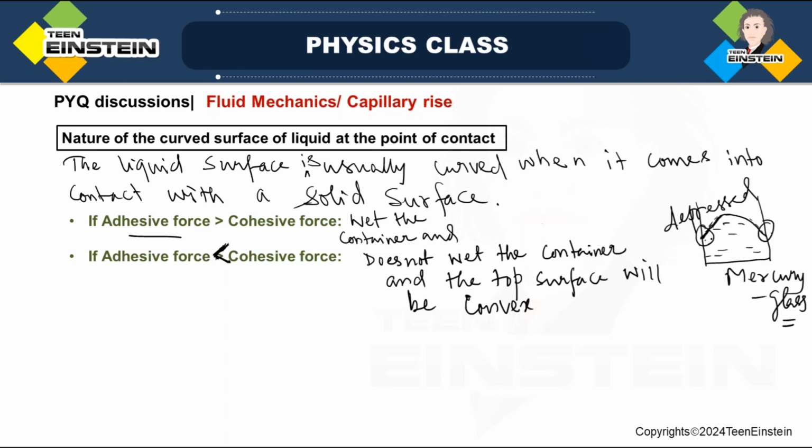This is why mercury is used in the barometer, right? Torricelli's barometer, mercury is being used, because of the cohesive force among the mercury molecules, which is much stronger than the adhesive force, okay. All right.